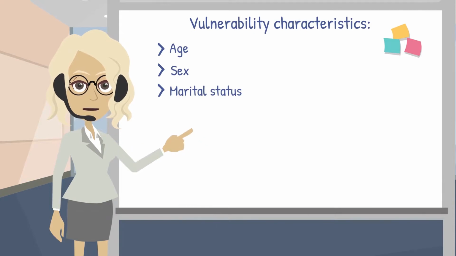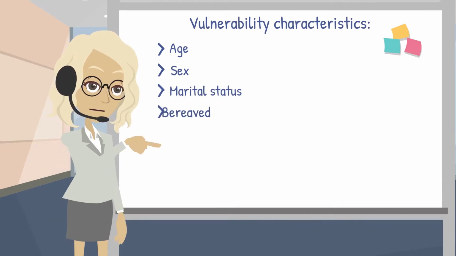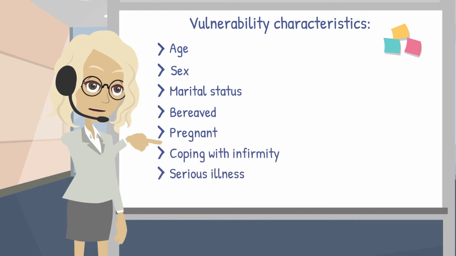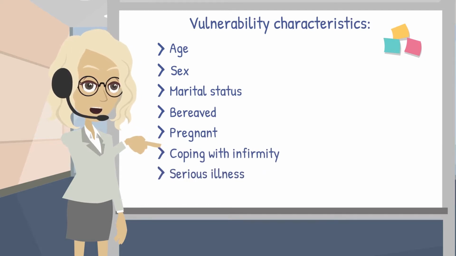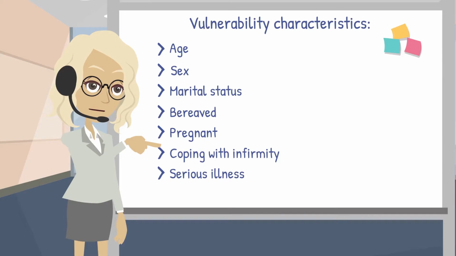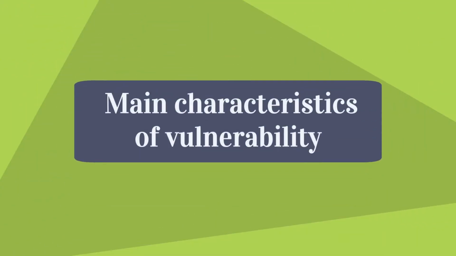People can be vulnerable because of their current circumstances, for example, because they are bereaved, pregnant, coping with infirmity or serious illness. Here are some of the other main characteristics applying to people that can make them vulnerable.